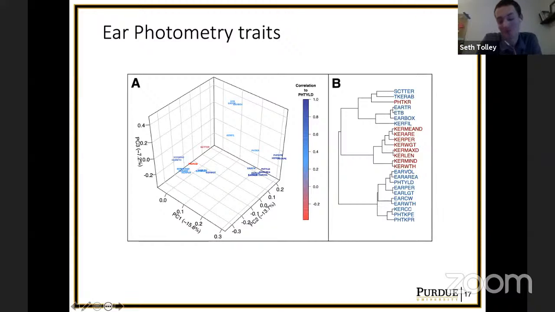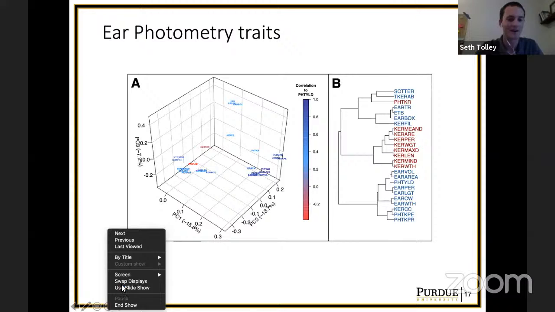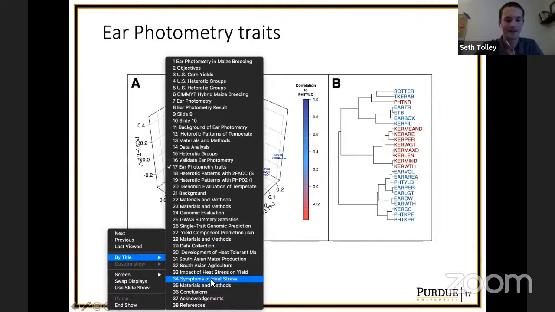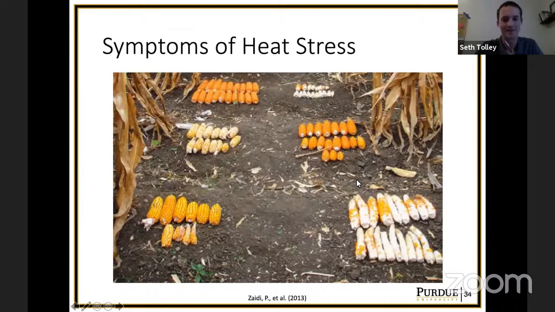Yeah, so far we've looked at hybrids from Indiana, so we haven't had ears that have been barren, such as what you saw in this picture right here. These are much different from what we have been doing ear photometry on currently, so it will definitely provide an interesting challenge. What you heard me talk mainly about was yield, kernels per ear, and kernel weight.